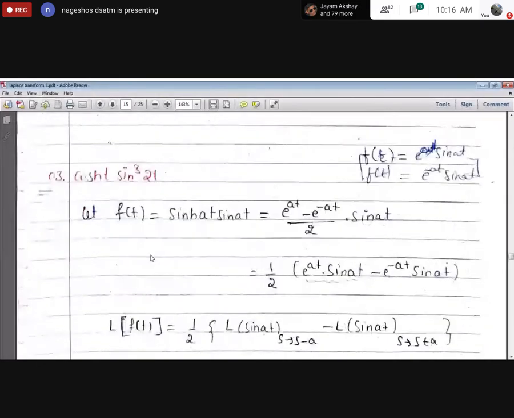Next, third one, cos hyperbolic t sine cube 2t.